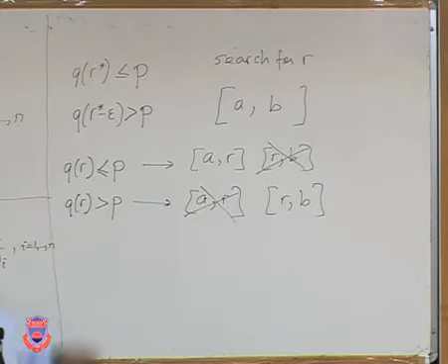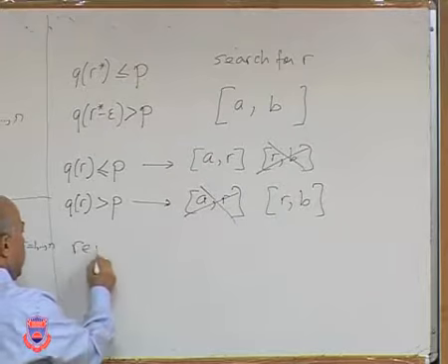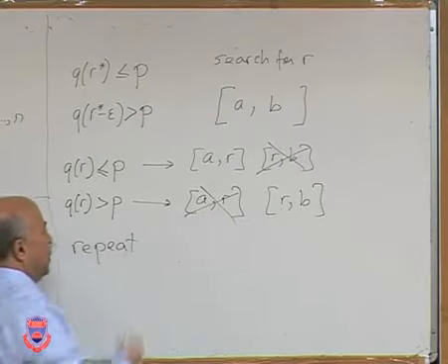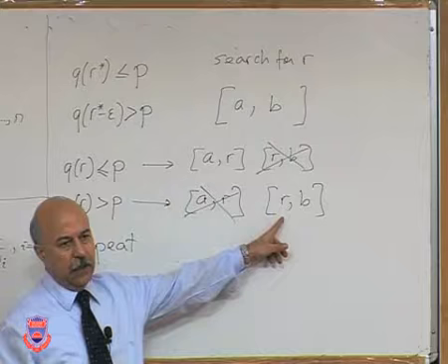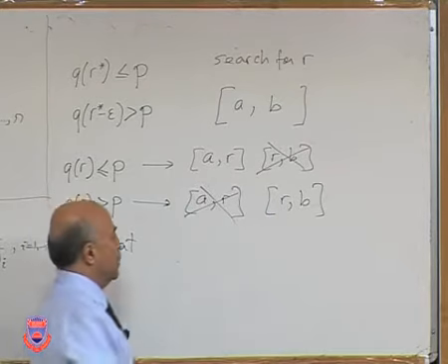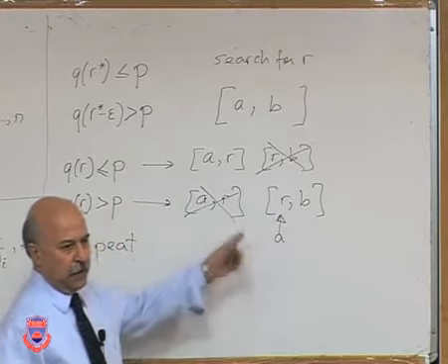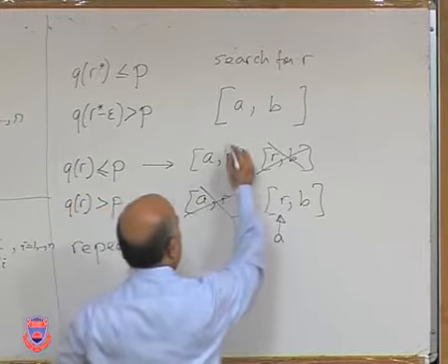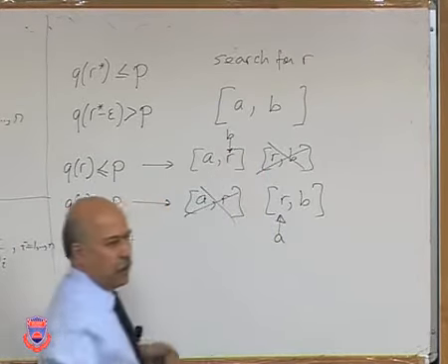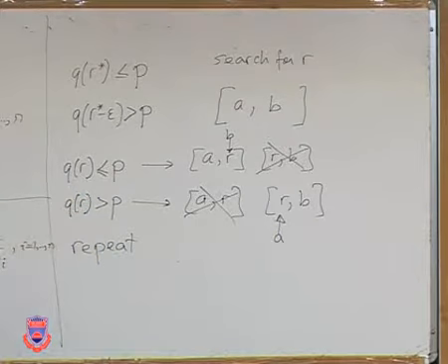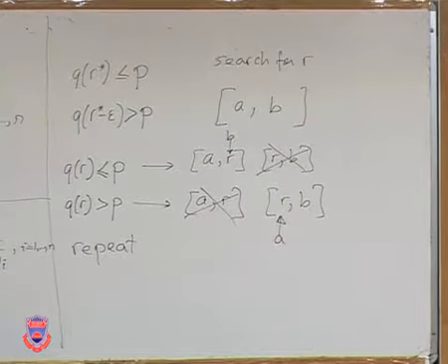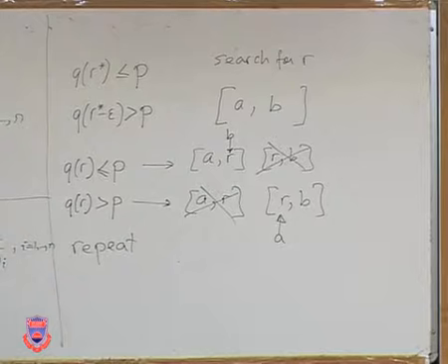So you repeat this using the most recent interval you've got. You assign the role of A to R in the second case. You assign the role of B to R in the first case. And then using the new interval, you just repeat the process.